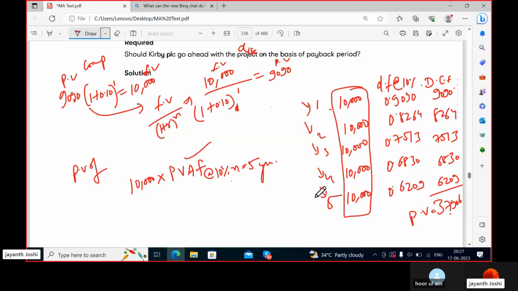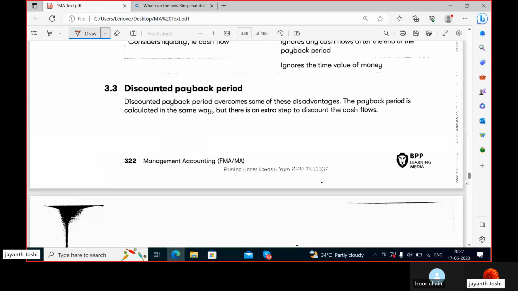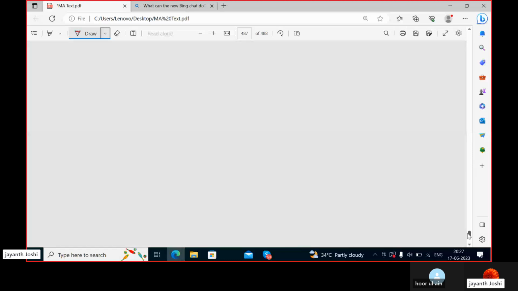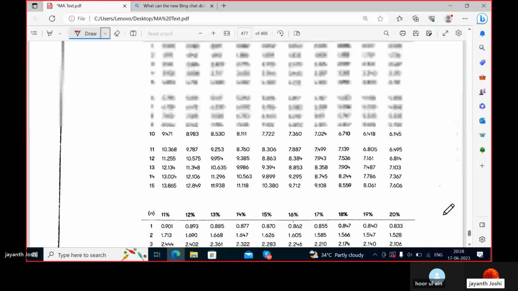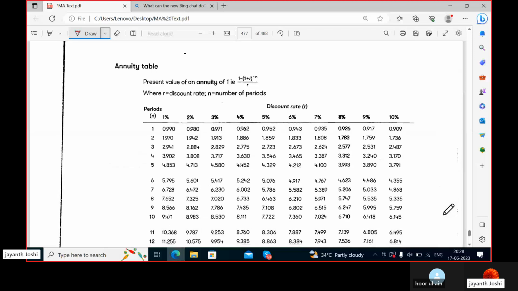So these are the present value of annuity tables. We have the requirement of present value of annuity tables. I have taken 10% as my rate. For the span of 5 years, it is 3.791. I will directly take this.